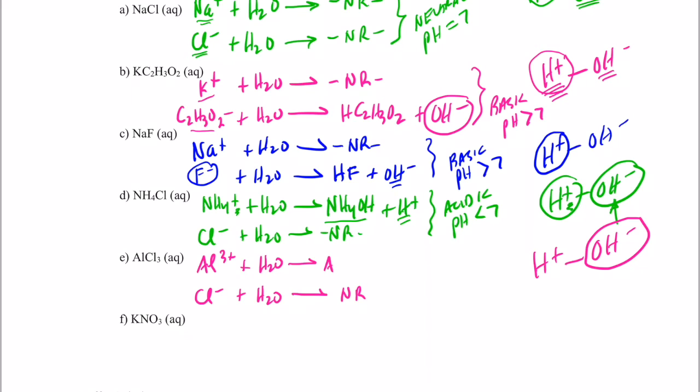Yeah, AlOH2 plus will form. It was 3 plus. It's going to react with your OH minus and become AlOH2 plus. So it's going to rip away the hydroxide from the water molecule and leave you with hydrogen ions. Now, since you have hydrogen ions being created, this would be acidic, and the pH is less than 7.